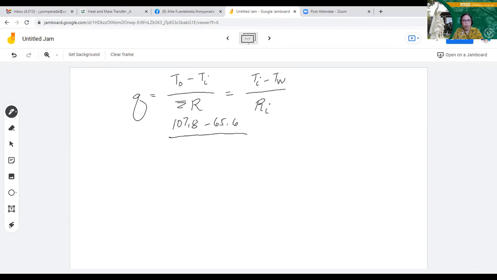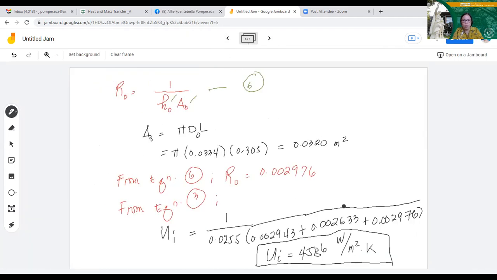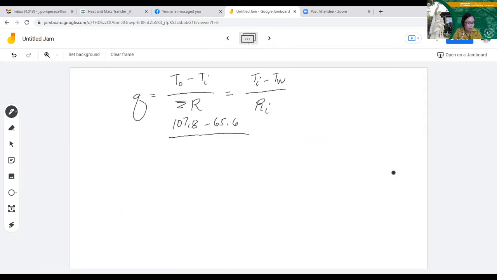We divide by the summation of resistances that's available in here. So we want to do the computing. This would be 0.008552.